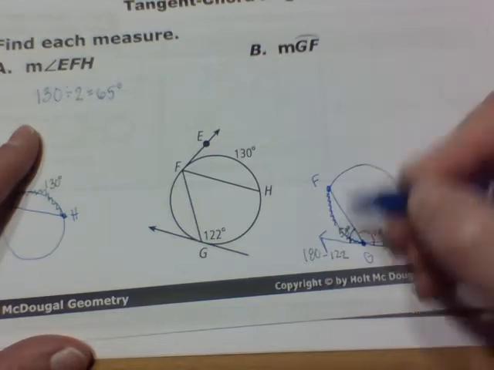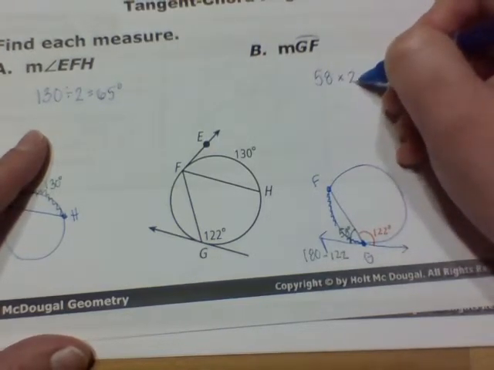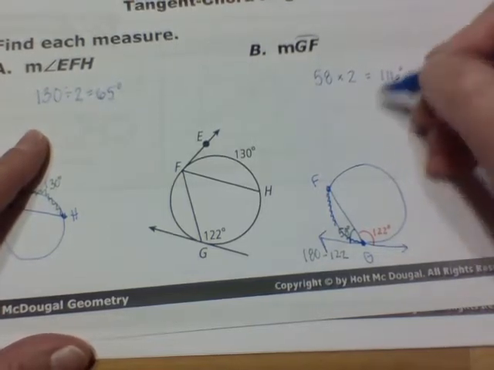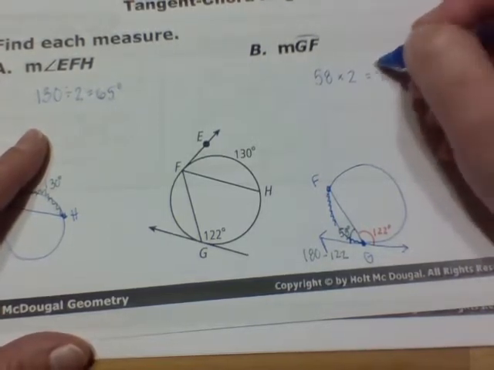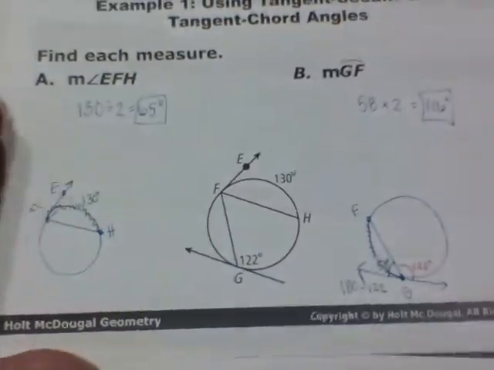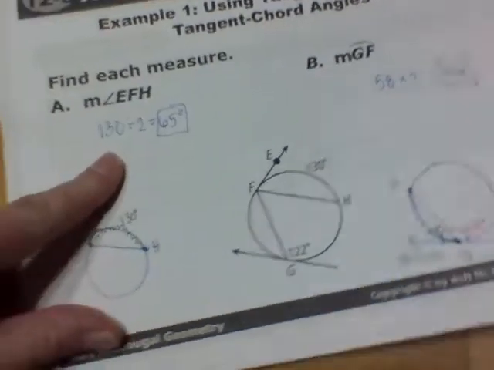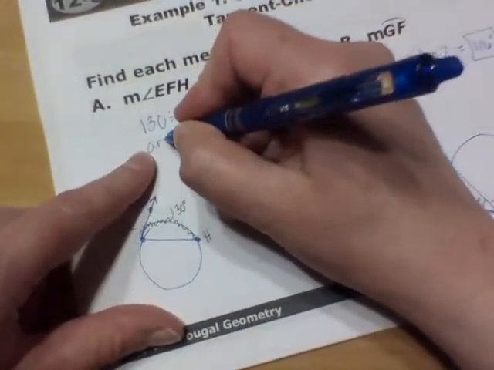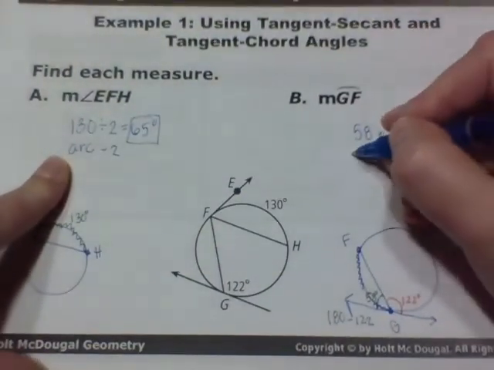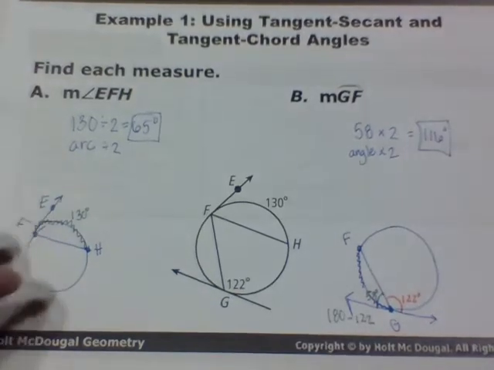And so in that case, we need to take the angle of 58 and multiply by 2 in order to get 116, which is the arc measure. All right. So in review, to get the angle, you take the arc and divide by 2. But to get the arc, you take the angle and multiply by 2. All righty.